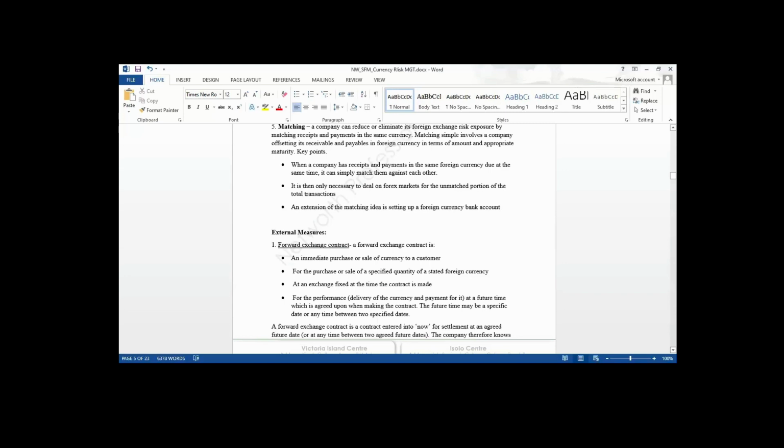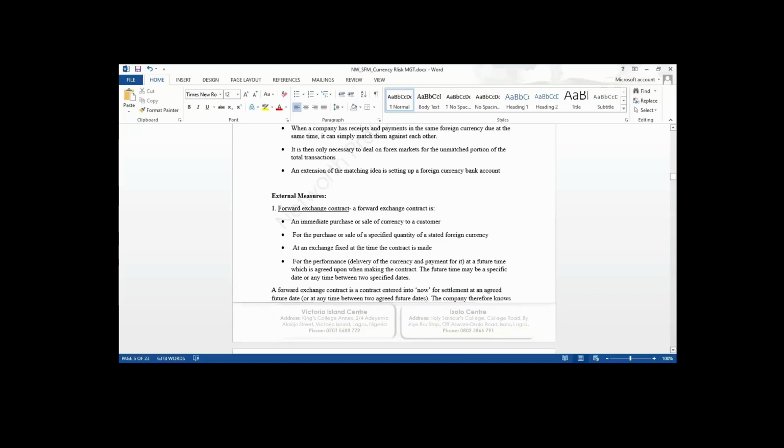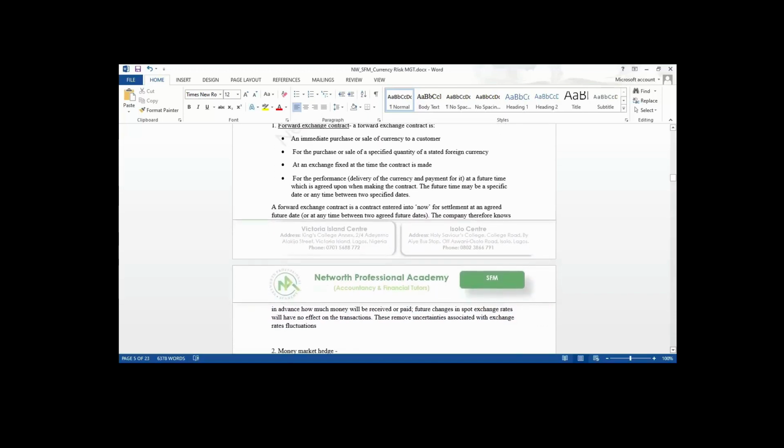What it means is that if you go into forward exchange contracts, you have obtained the exchange rate for future foreign transactions as at today, and that rate becomes the binding rate. You have been able to hedge against fluctuation in exchange rate.